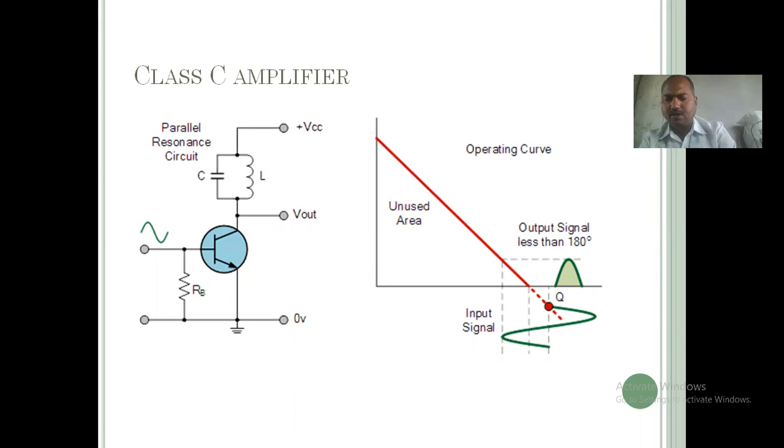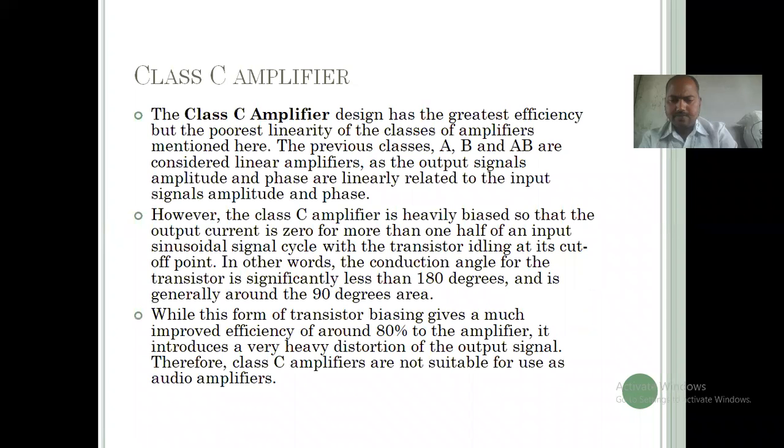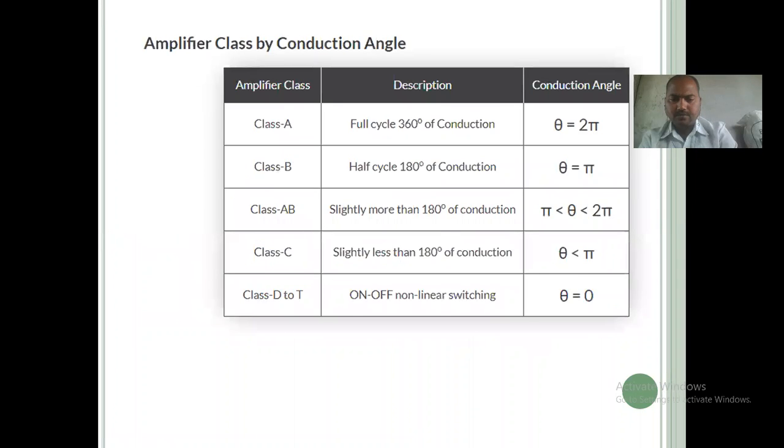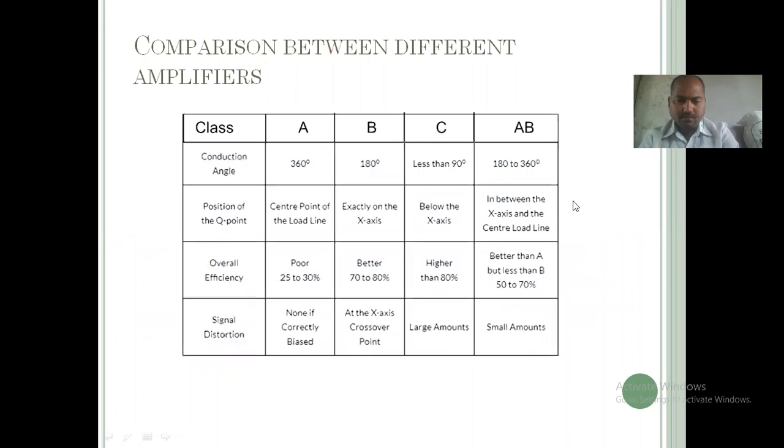In Class A it is the center point of the load line, because the upper half is the positive and the lower half is the negative half cycle.